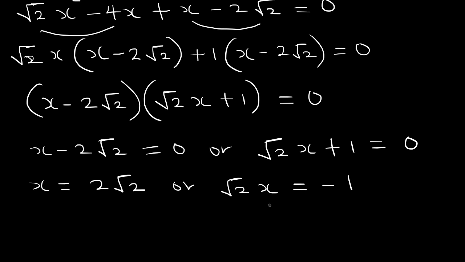So if root 2x is equal to minus 1, it means that x is equal to, we'll divide both sides by root 2. If we do that, we'll have x is equal to minus 1 over root 2.